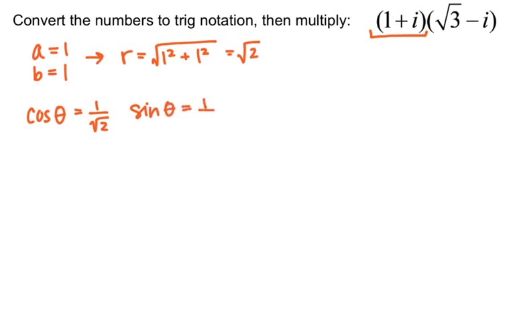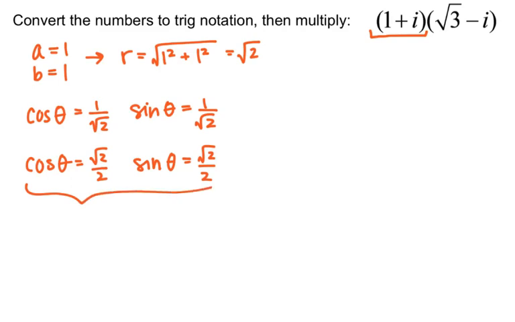Sine theta is 1 over root 2. If I were to rationalize each of those, that would give me cosine theta is root 2 over 2, and sine theta is root 2 over 2. So hopefully you should be able to tell that this means that theta is at 45 degrees, or pi over 4.